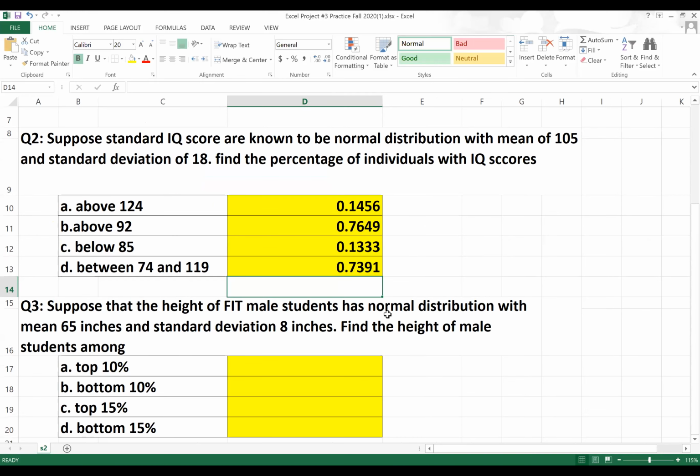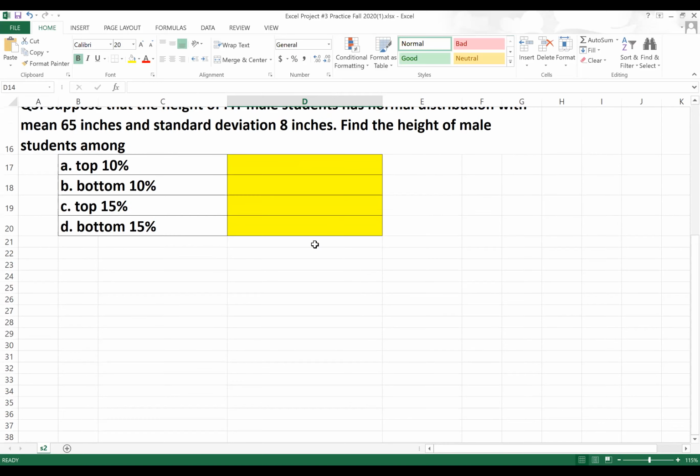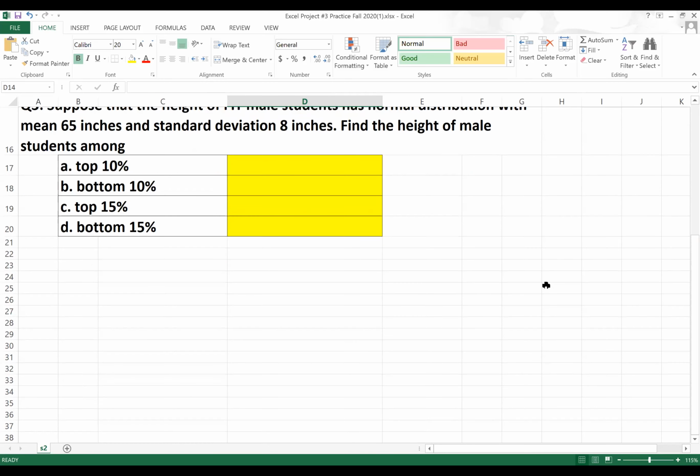Now one more time, we have this particular scenario: the height of all male students at FIT. This is hypothetical, not real, right? I just made it up. It may not reflect reality, but it gives you an idea of how to separate those different groups.